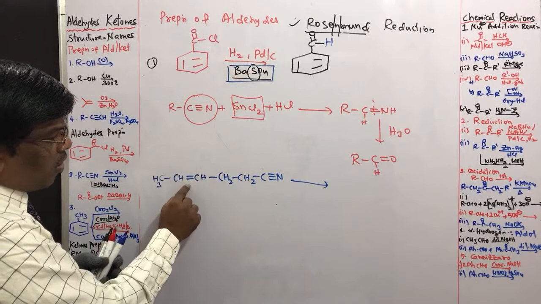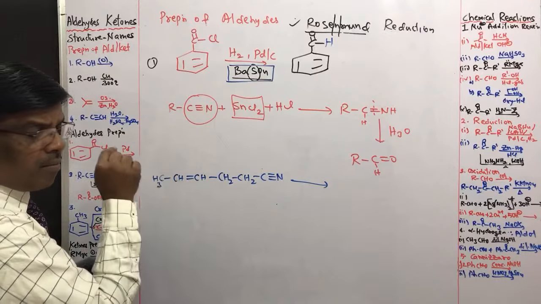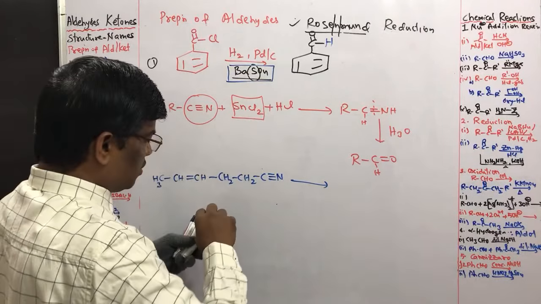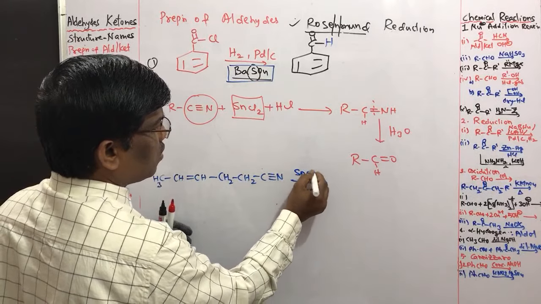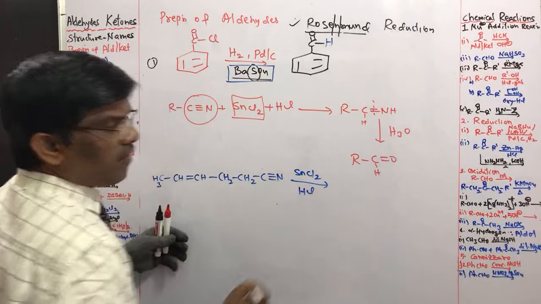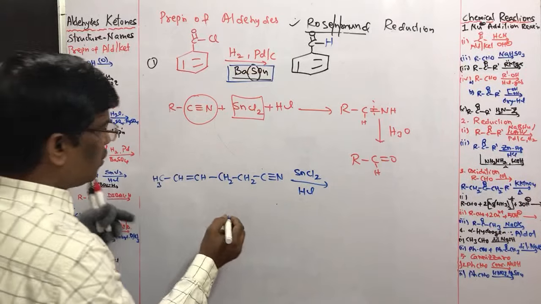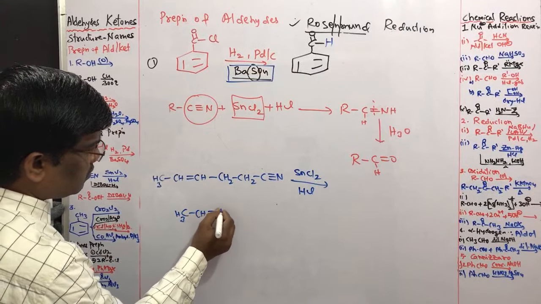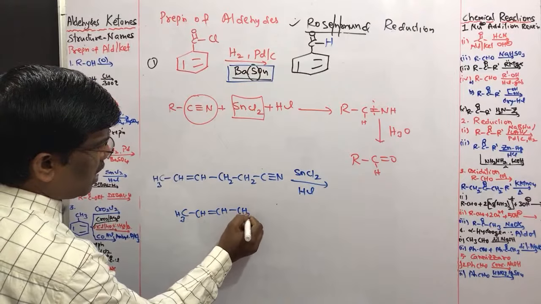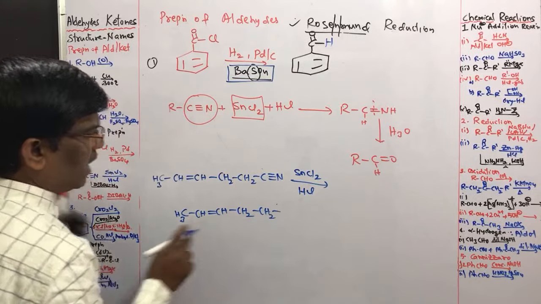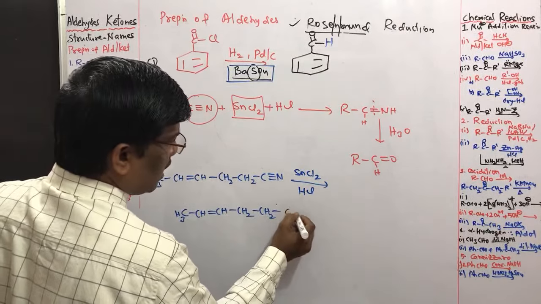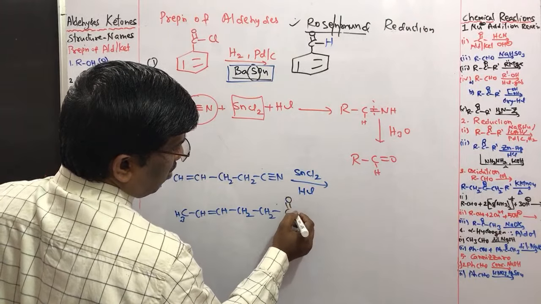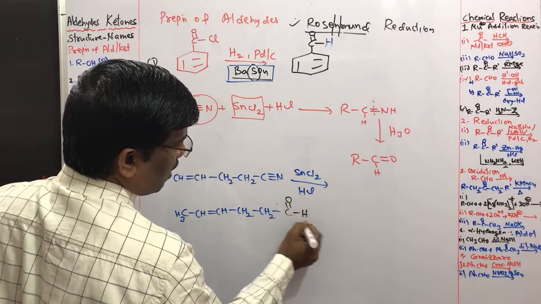This double bond is going to reduce to single bond. However, if I use this SnCl2 in presence of HCl, I am going to get exclusively aldehyde. This double bond is going to be intact, where the nitrile is going to be reduced to aldehyde.